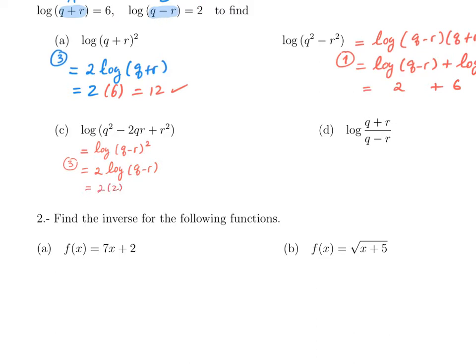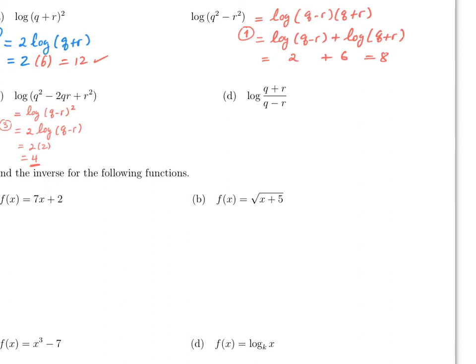So this is just 2 times 2, which is equal to 4. And that's it. Now part D, by property number 2, this is equal to log of Q plus R minus log of Q minus R. So this is equal to 6 minus 2, which is 4. That's it.